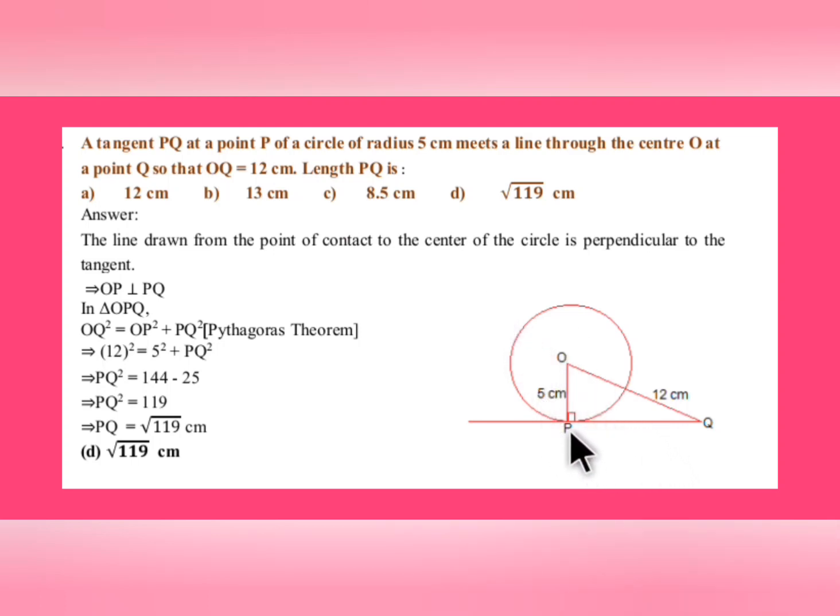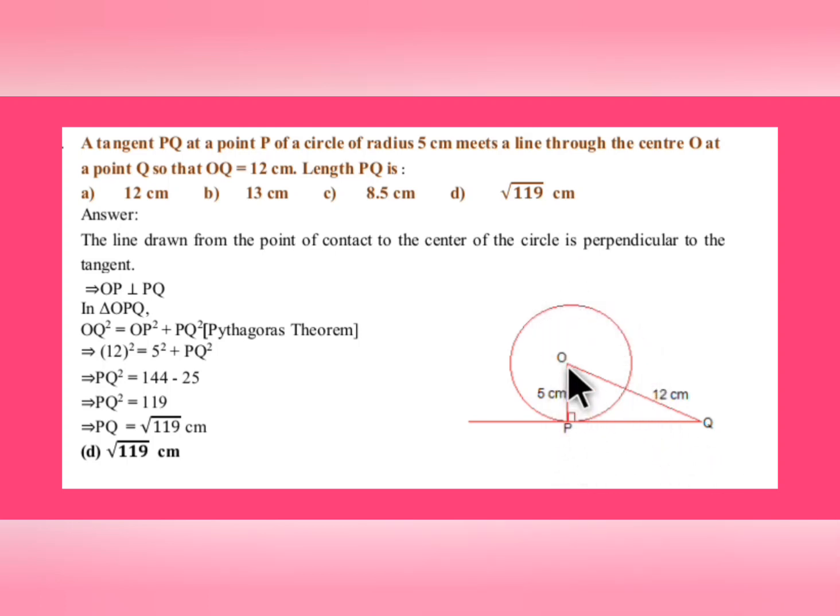We need to find the length of PQ. The tangent is extended this side, and the radius is OP, with the value given as 5 cm. Both are given in centimeters, so no problem, and even the answer is in centimeters, so there is no conversion; you can directly substitute.